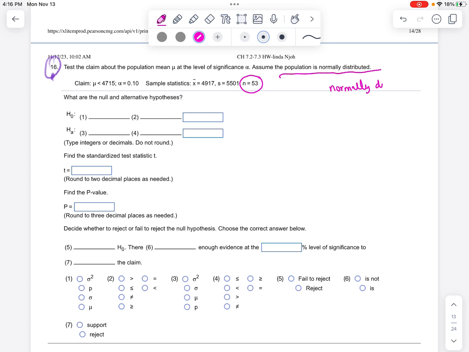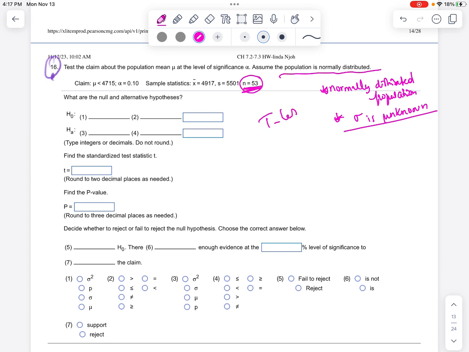Normally distributed population, sigma is unknown. This is key. Even if your n is big, because somebody can say, oh, my n is large, but you don't have sigma. Careful. These are the two key things. Normal distributed population, sigma unknown.